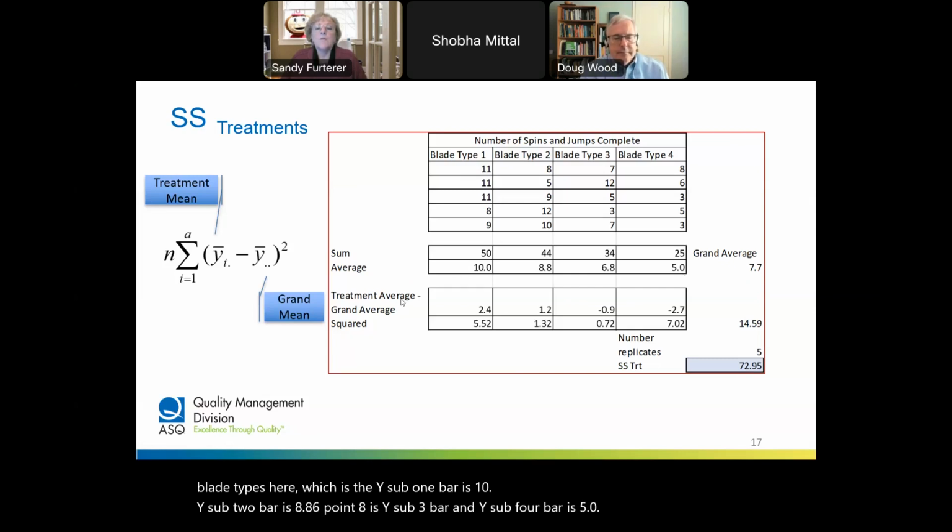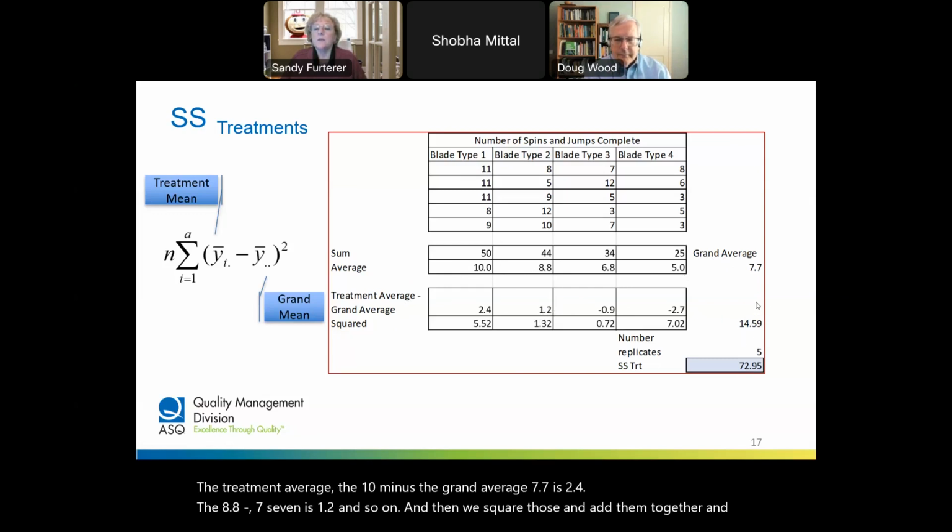The treatment average, the 10 minus the grand average, 7.7 is 2.4. The 8.8 minus 7.7 is 1.2, and so on. And then we square those and add them together and get our 14.59.